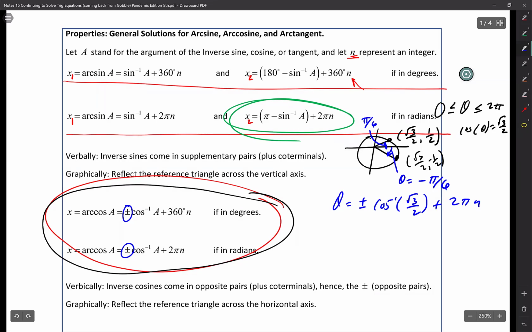So now I'm going to write theta 1, theta 2. The calculator will only spit out one answer for this. So I'm going to write it here. Calculator will only spit out, let's see, what was pi over 6 when entering arc cosine of square root of 3 over 2.